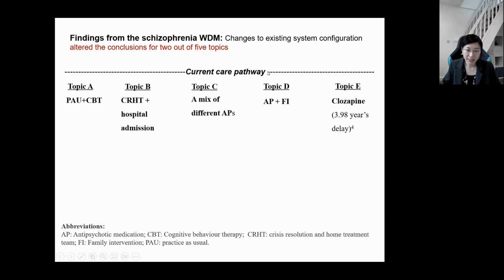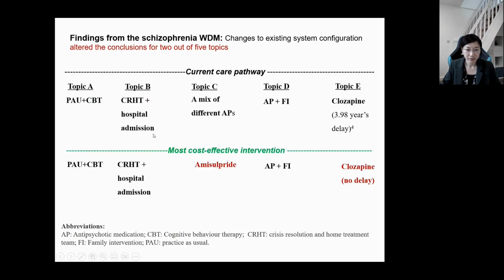Based on the current care pathway, I first ran my whole disease model for each individual topic and worked out the most cost-effective intervention for each topic. And then I found that for 2 topics, the current intervention is not the most cost-effective intervention.